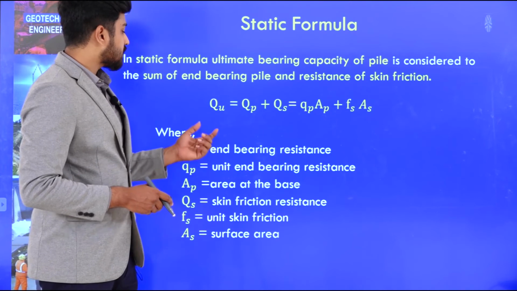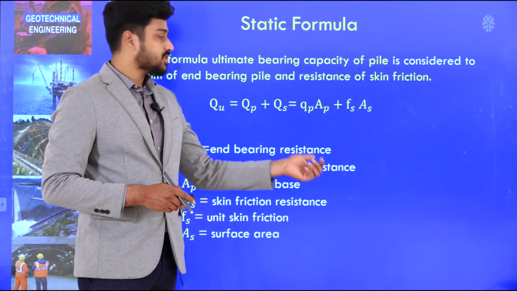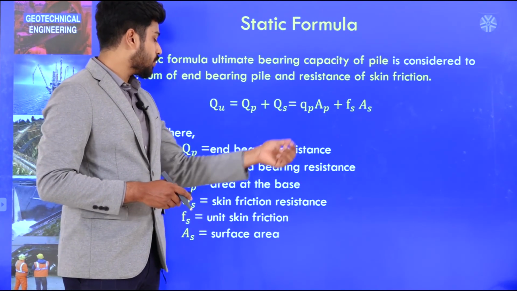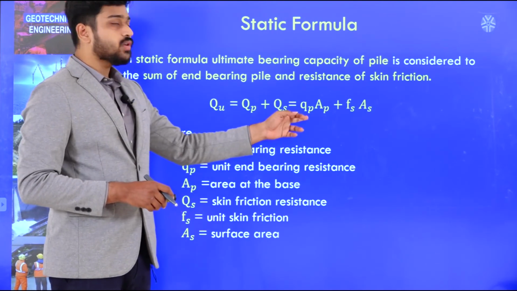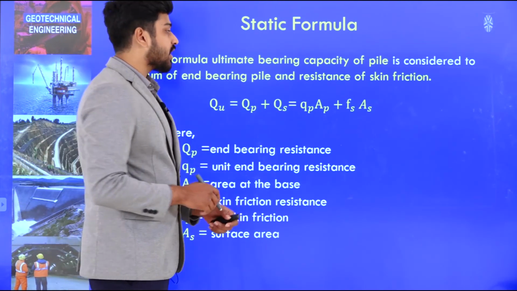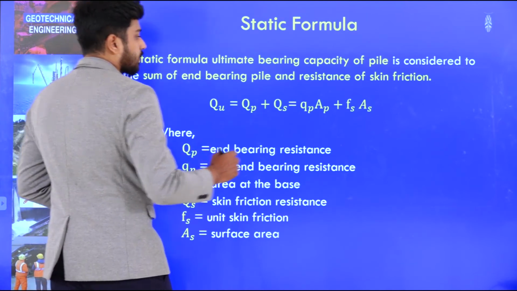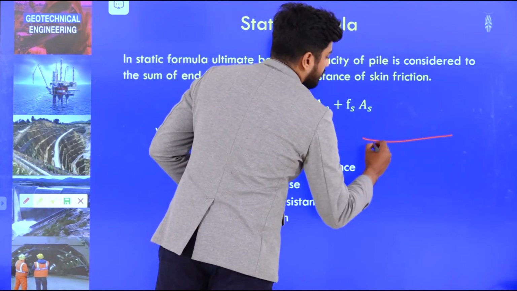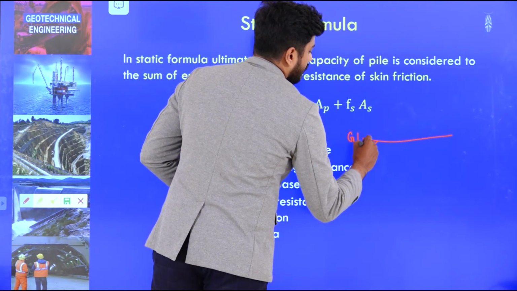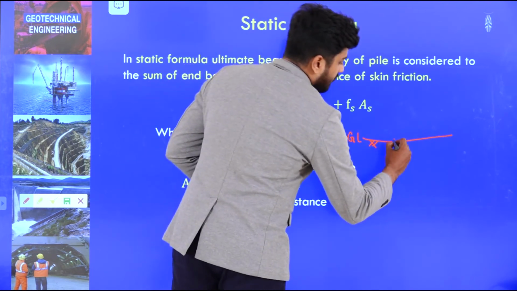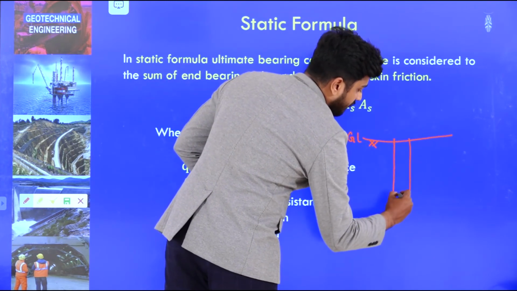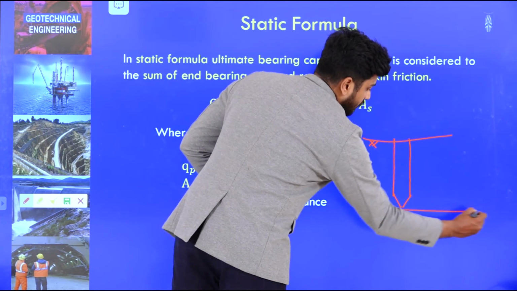Here, this capital Qp is the end bearing resistance as I have stated, and small qp is nothing but the unit end bearing resistance. That means, if you consider a particular pile, say this is the ground level, and along this direction there is a pile driven up to a certain depth.